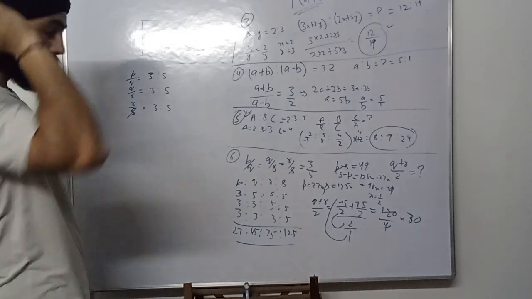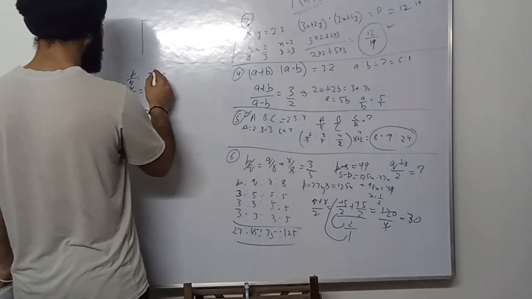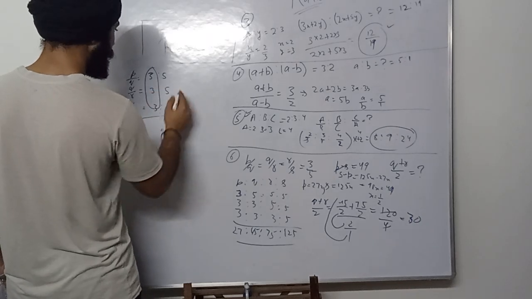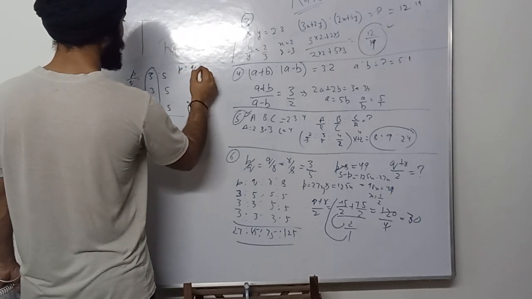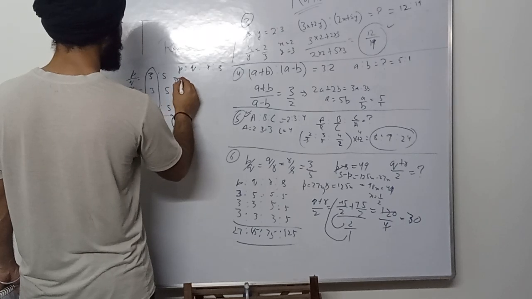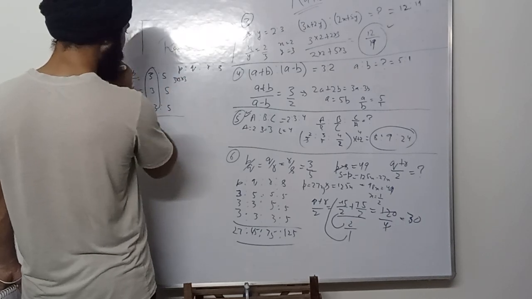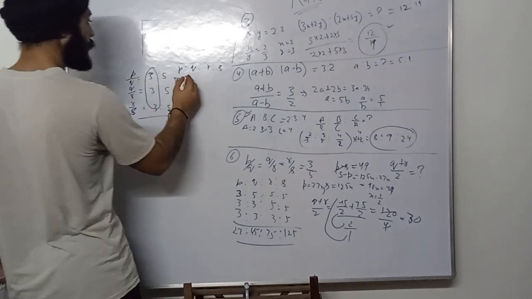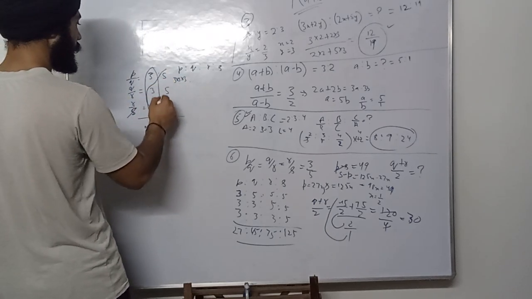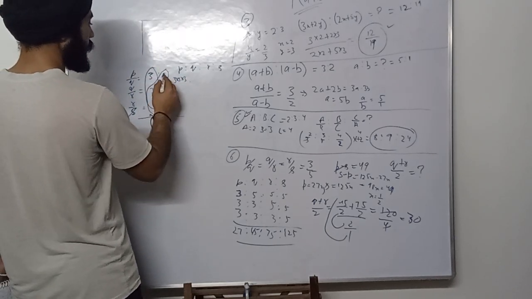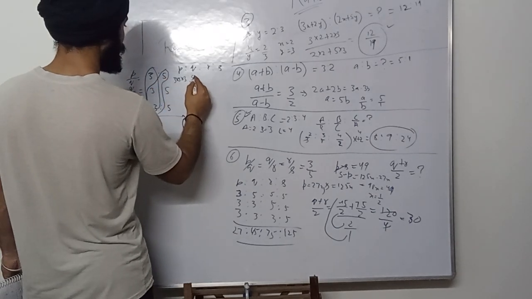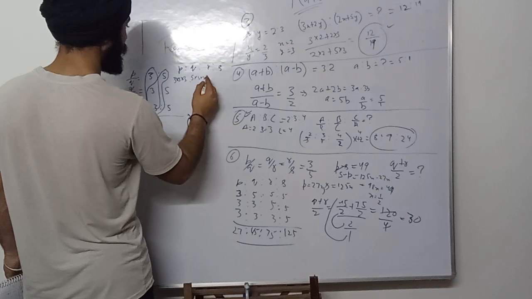So for the value of P, we are going to multiply this. For P ratio Q ratio R ratio S, P is equals to 3 into 3. For Q, first 5 into 3 into 3.